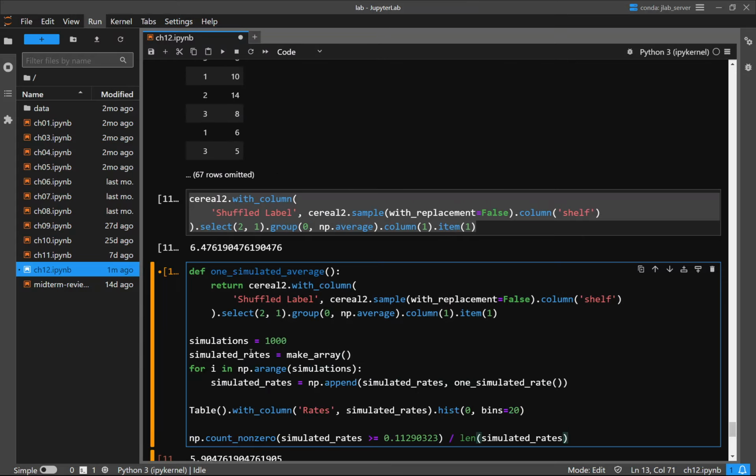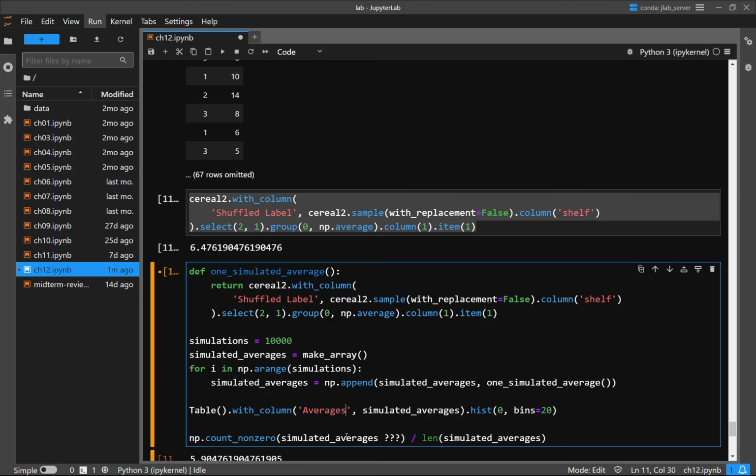And then how to calculate the p-value, what's the number that we care about with these values? Let's make sure I've changed it all in the right spots. The number of simulations, we can do 10,000 this time because it's a small table. Yeah, that should work. These are now called averages, not rates.